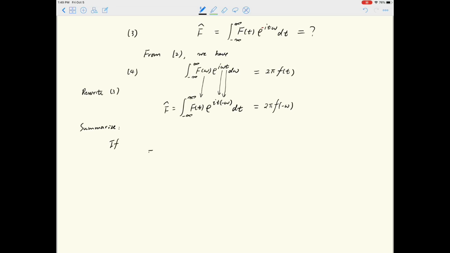If capital F of omega is the Fourier transform of little f, which is the integral of f of t e to the minus i omega t dt, then the Fourier transform of capital F is 2 pi f of minus omega. So that is the answer to this problem.